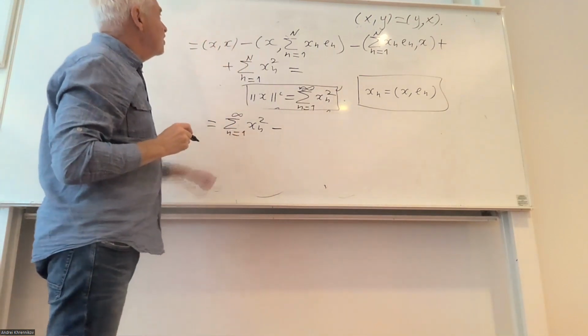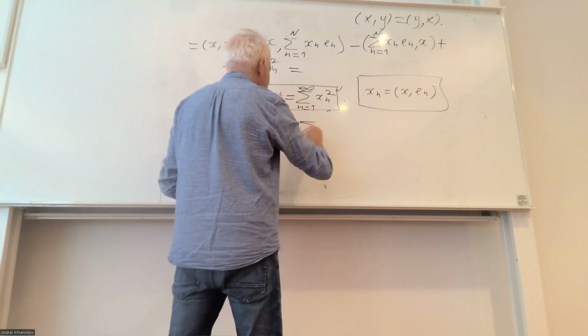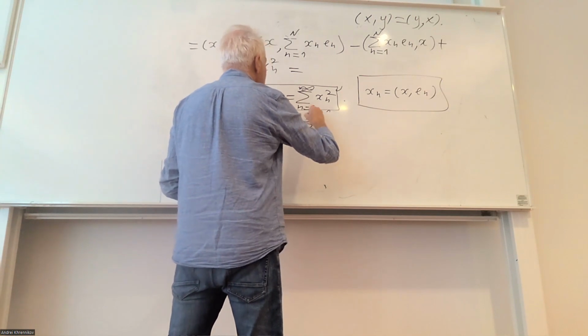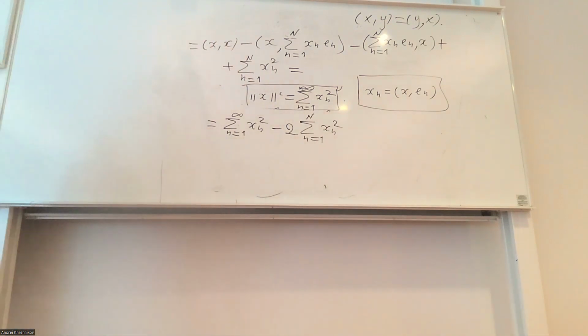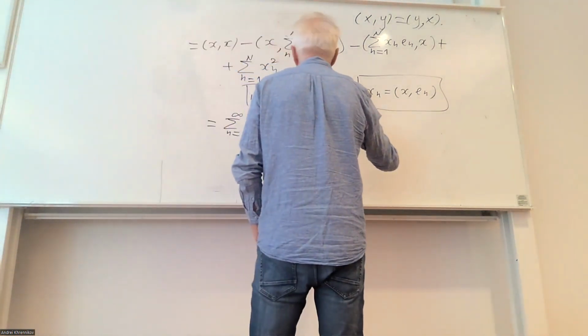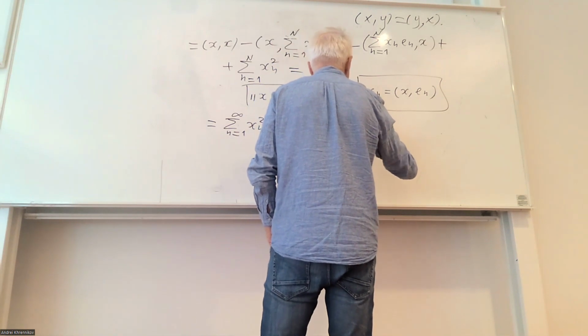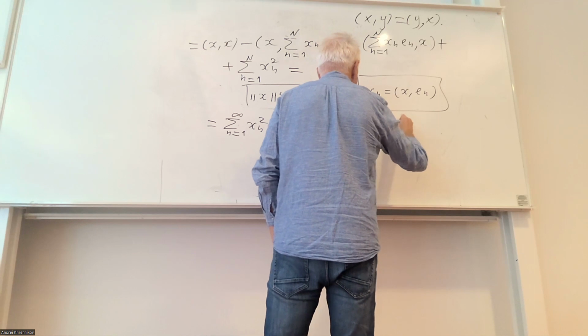So I immediately can write minus 2 times the sum n from 1 to n of xn squared. And the last term was already calculated: plus the sum n from 1 to infinity of xn squared.